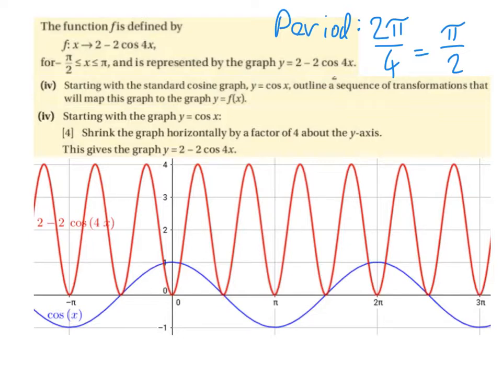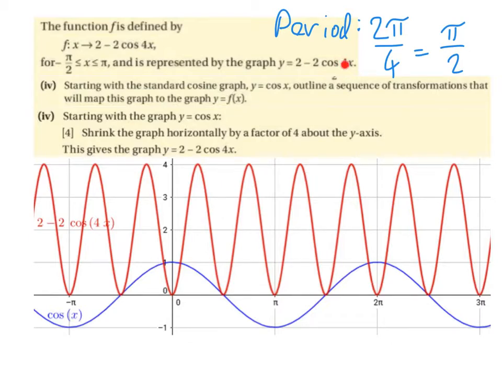But actually what's happening is the graph has been shrunk horizontally, so squashed in from left to right, or shrunk horizontally by a factor of 4. But it ends up giving us a period of pi over 2.